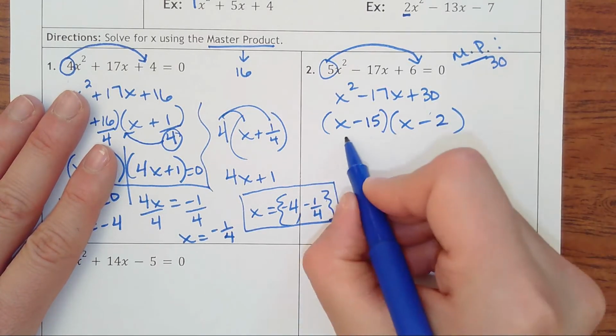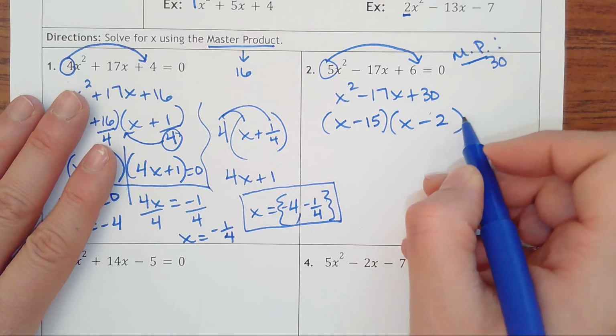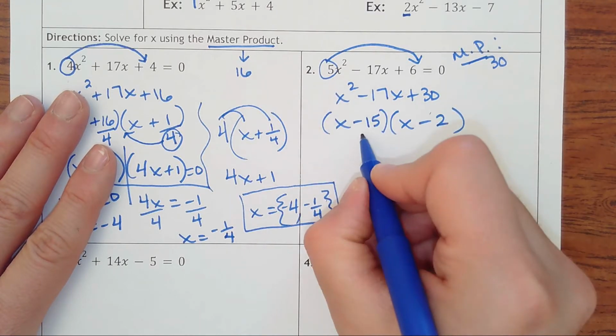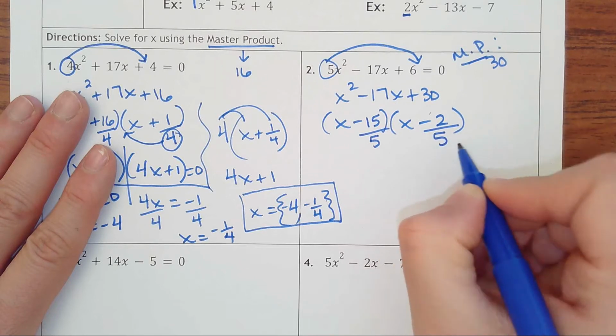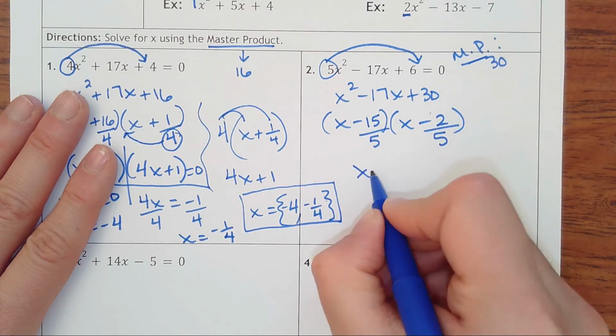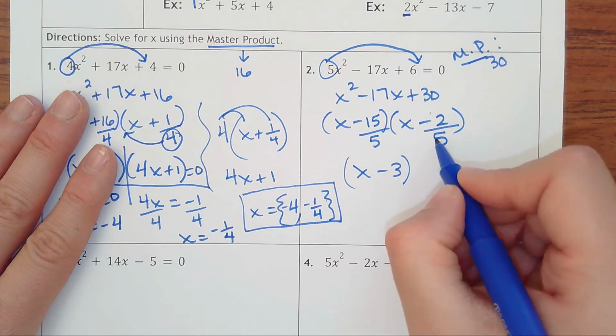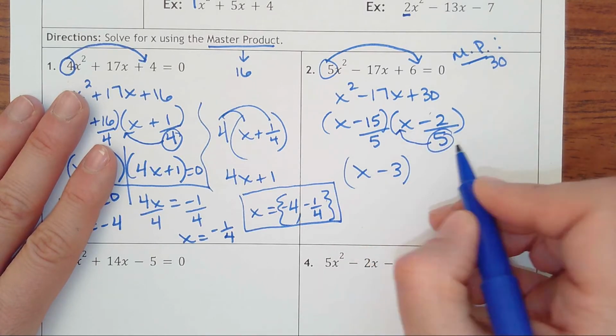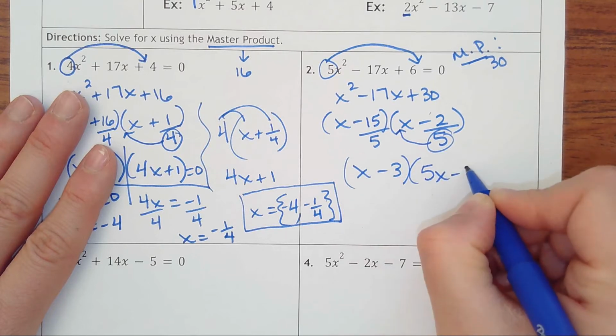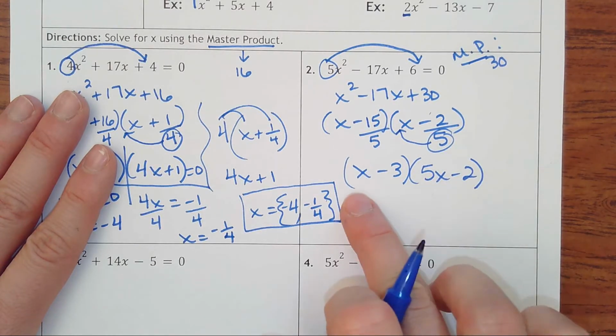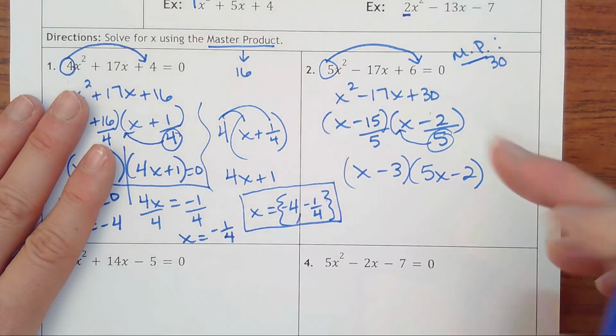But you can't stop there. This is the part kids always forget about. You have to go back and divide by 5. 15 does divide by 5. That's 3. 2/5 cannot simplify, so I'm going to slide that 5 back in front of the x. It's 5x minus 2. You could check. This will FOIL to make this again.